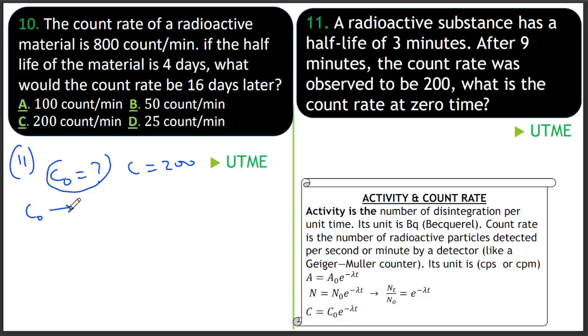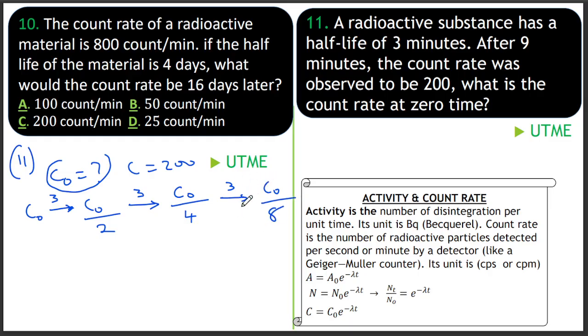So the initial count rate after the first half-life will be C naught over 2. All right, remember, it doesn't matter. You can start with X since it is the unknown. So after the next half-life, it will be C naught over 4. Then after the third one, it will be C naught over 8.